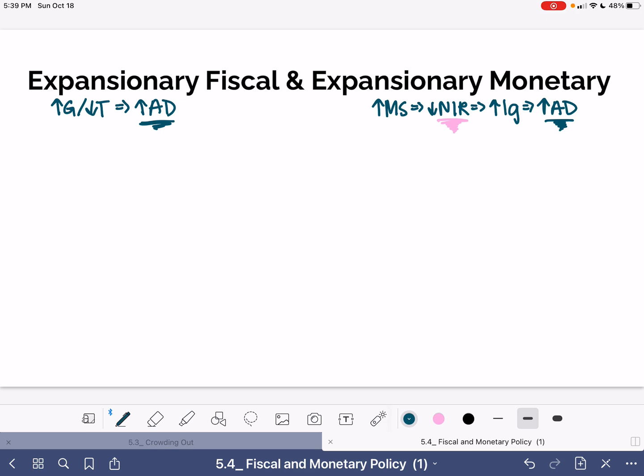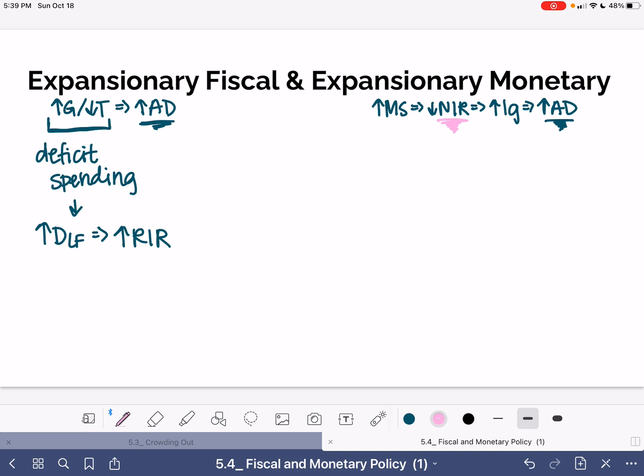But what do you think is going to happen to the interest rate when we use expansionary fiscal policy? Well, remember, expansionary fiscal policy is going to lead to deficit spending. And when we go into deficit spending, we have to increase our demand for loanable funds, which will then increase the real interest rate.